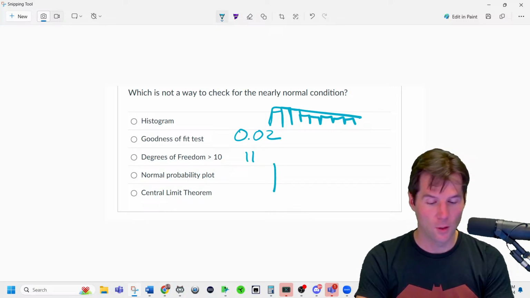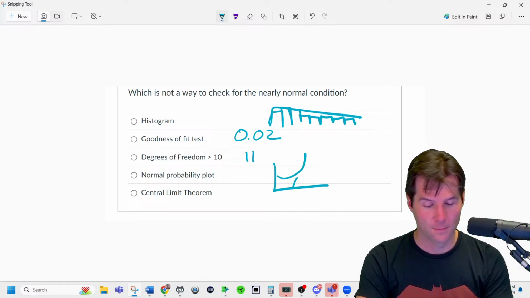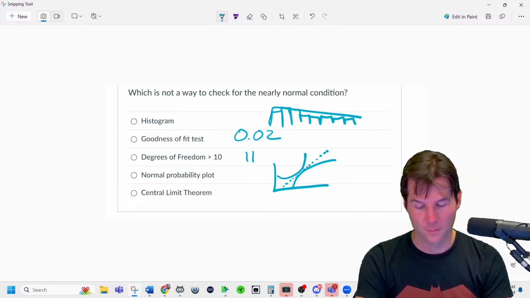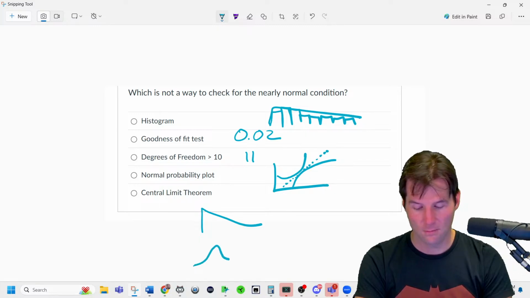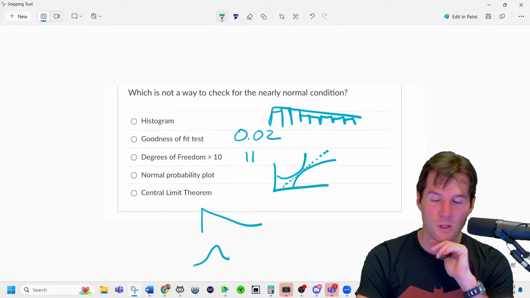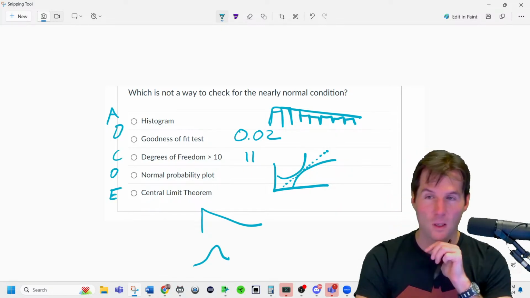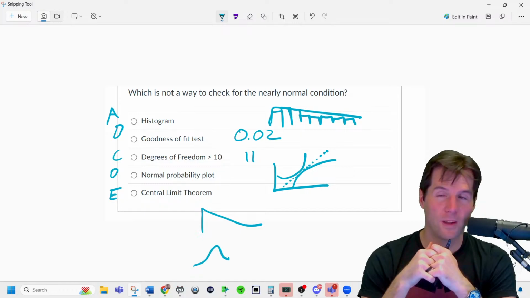Can you check it with a normal probability plot? Can you use the central limit theorem? Sure, then I'll draw that and draw this right here. There. Which of these answers is wrong and you can't use?